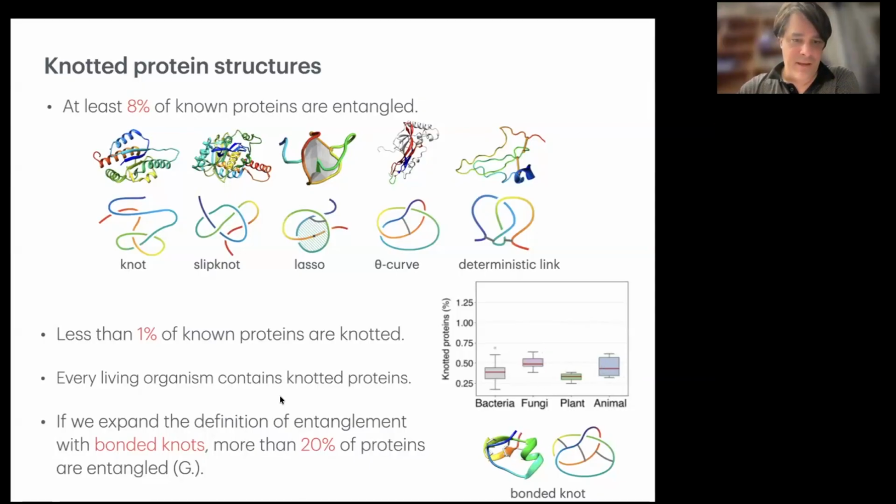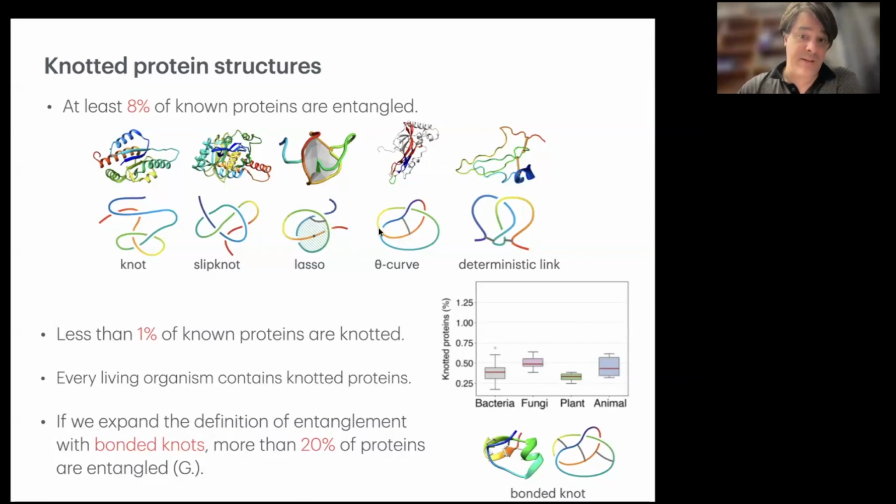And we know for a fact that every living organism contains certain proteins that are shared among living organisms, and we know that for big families, and some of those proteins are knotted, so it's been shown that all living beings have knots.